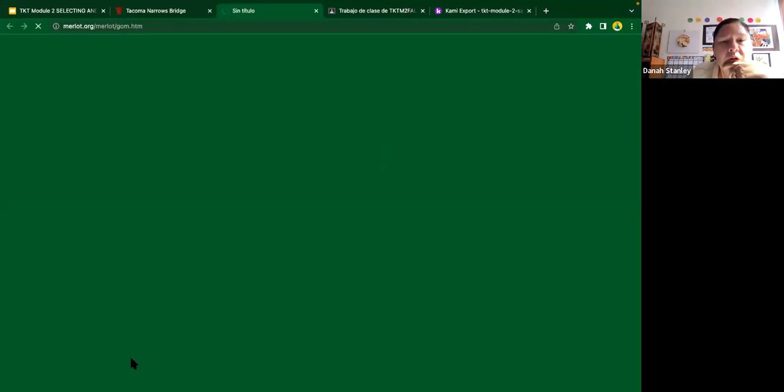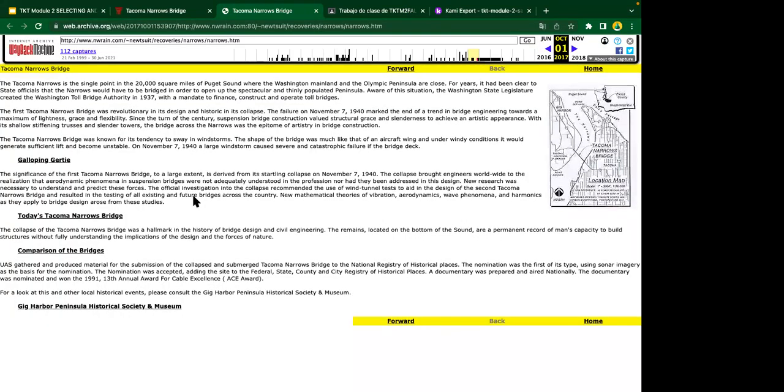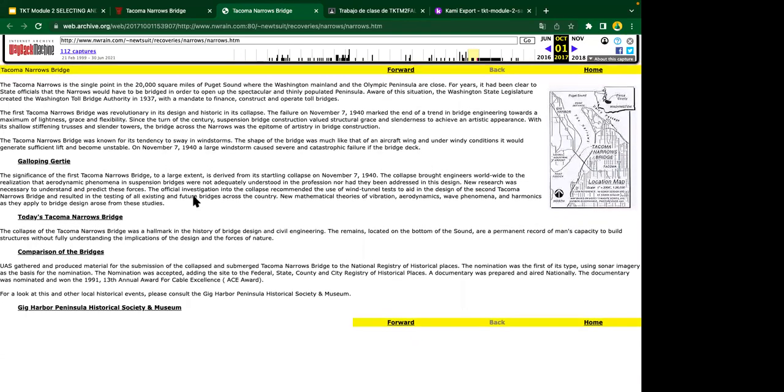Let me turn off my camera so it runs faster. And you have the reading. This is for university and so on. So you have the text.